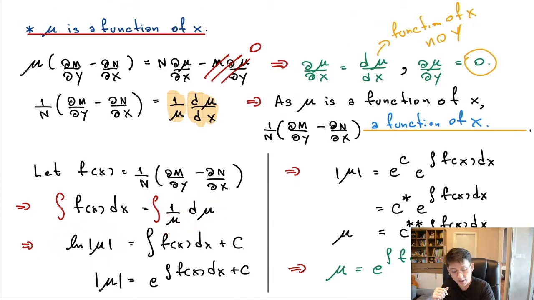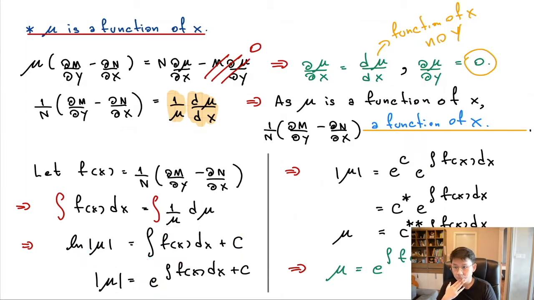That's the integration, and then we have a constant from this integral. So the absolute mu is this guy. You exponentiate it, this is log with base e, so you push the e there, it's going to be e to the power of this guy.